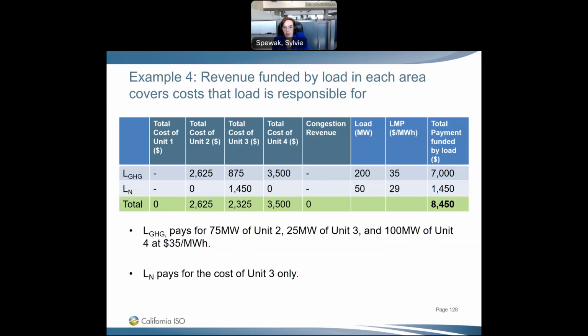Load in the non-GHG area, that's 50 megawatts, faces a price of $29 per megawatt hour, so load in the non-GHG area funds $1,450 in energy payments, and that goes to Unit 3 to cover energy costs as well as that extra $75.